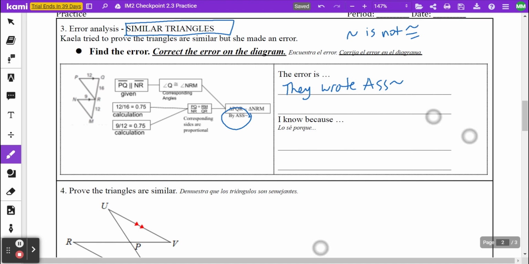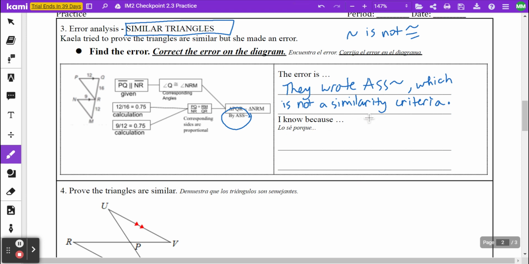Okay, so the error is that they wrote ASS, which is not a similarity criteria. So I know that that's their error. But other than that, their proof actually looks pretty good.